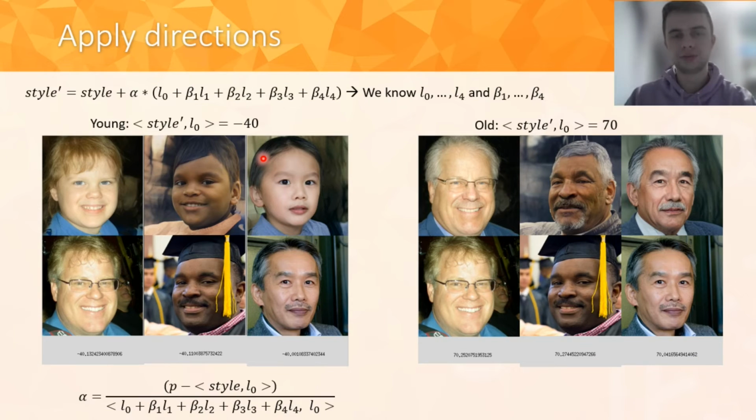So with the previous method, we found vectors L1, L2, L3, L4 with their respective coefficients beta. But now we need to find alpha. To do so, we found a method which is basically doing the scalar product between the modified style vector and the interesting vector.